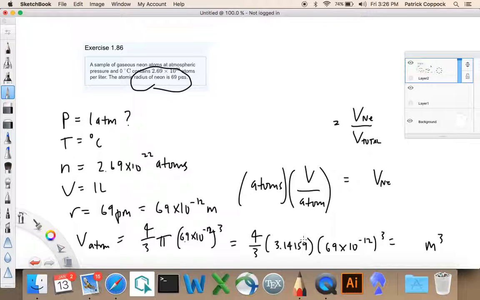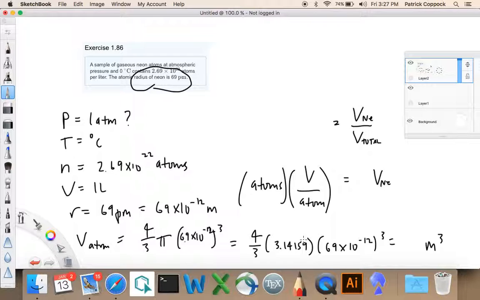Okay, 4/3. I don't have my calculator with me, so I'm going to have to use this, which I won't show you. 4 divided by 3 times 3.14159 times, and I'm putting this in parentheses now, 69 cubed. Oh, no. I have to start over again.